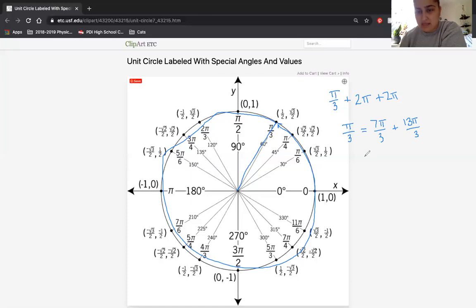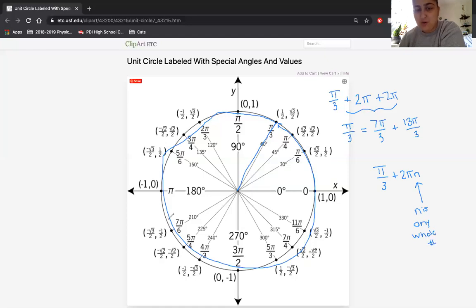So the way we write this, instead of doing plus 2 pi again and again, we do pi over 3 plus 2 pi times n, where n is any whole number, right?